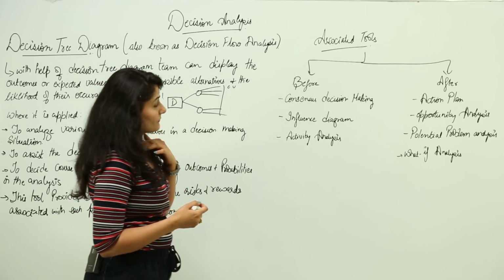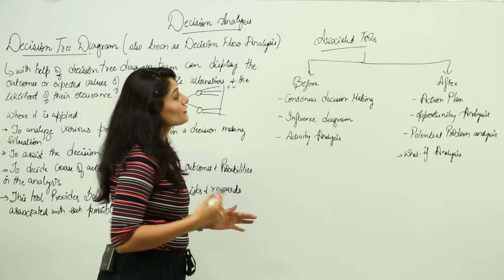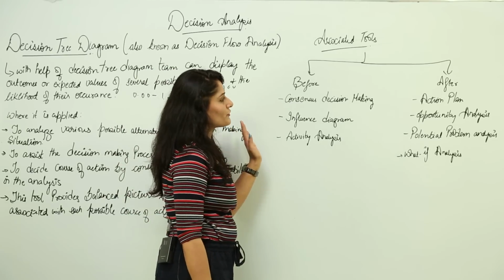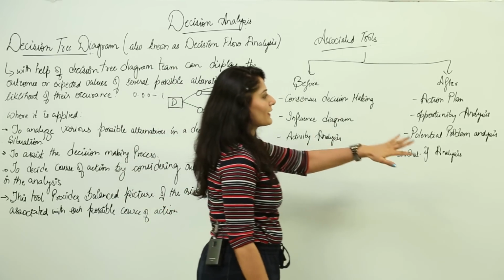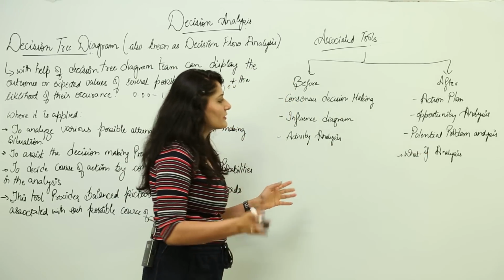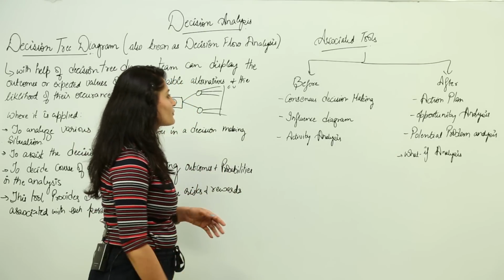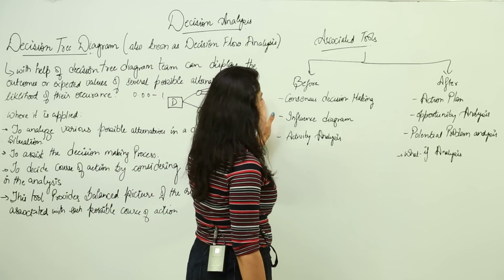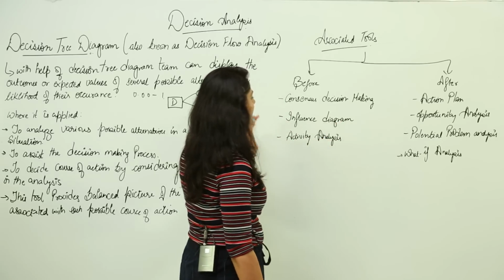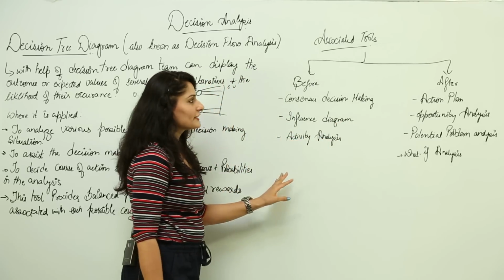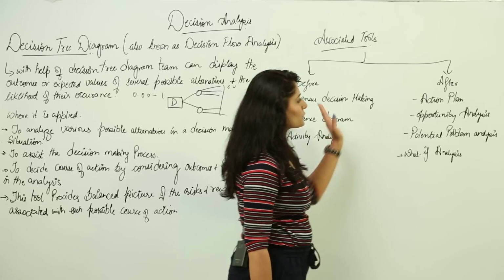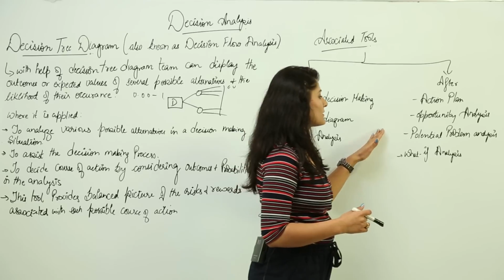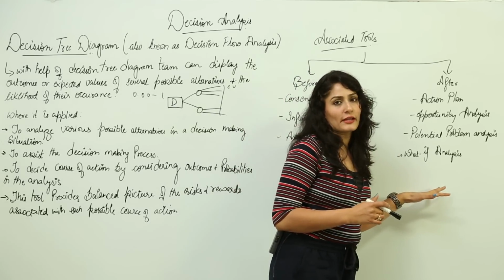And here I am going to mention the associated tools, as I did in the decision process flow chart, so it is before and after. I will just read them out because they are almost similar to what we did in the decision process flow chart. The before tools are consensus decision making, influence diagram, activity analysis, and the after tools are action plan, opportunity analysis, potential problem analysis, and what if analysis.